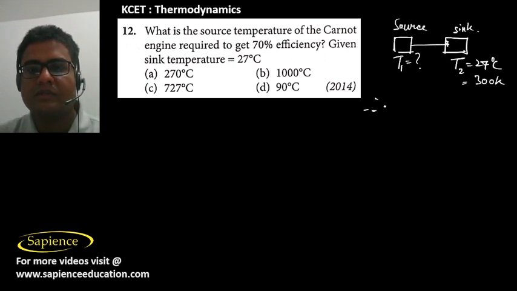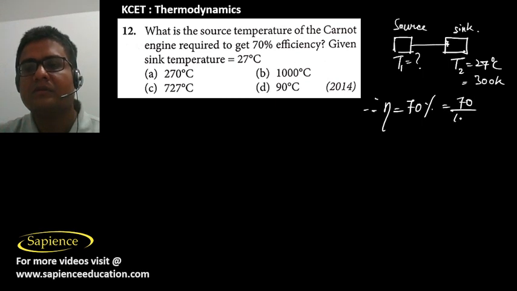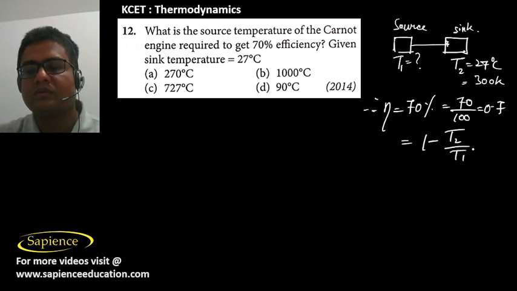So therefore efficiency is 70%. So that is 70 by 100, which is 0.7. So 0.7 is equal to 1 minus temperature of sink by temperature of source, 1 minus T2 by T1. So therefore we can say that 1 minus 300 by T1 is equal to 0.7.